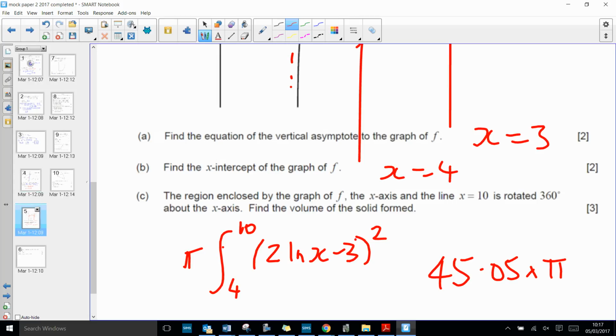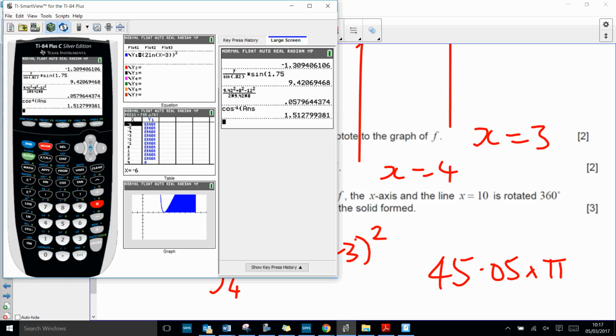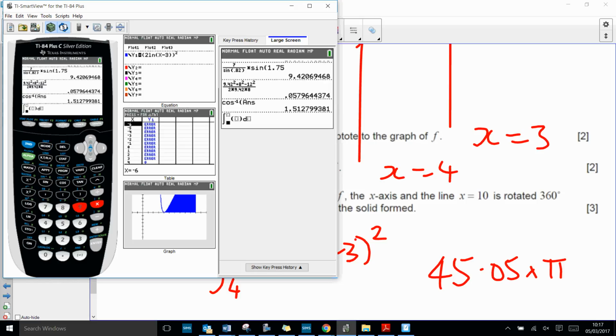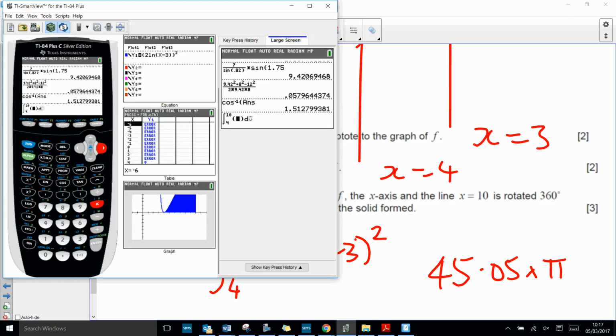Or we go to the calculator and we press math number 9, and we do a similar thing. So we've got 4, 10. Here we can actually multiply by pi afterwards. So we've got 2 ln x minus 3.